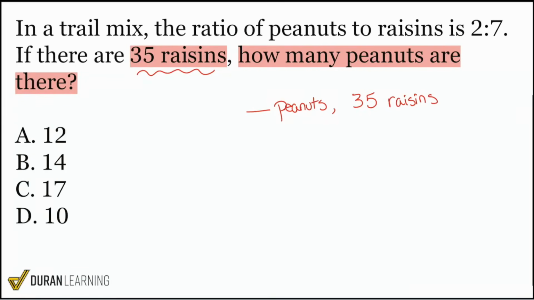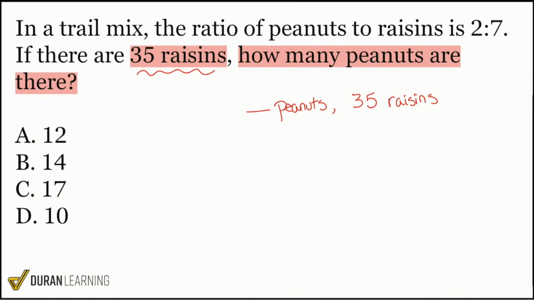Now, whether you write raisins first and then peanuts second doesn't matter. It's up to you. So for the sake of this problem, I'll just say that I'm looking for blank peanuts, and then I'll write the raisins second. Now, watch how this is going to affect the solution process.